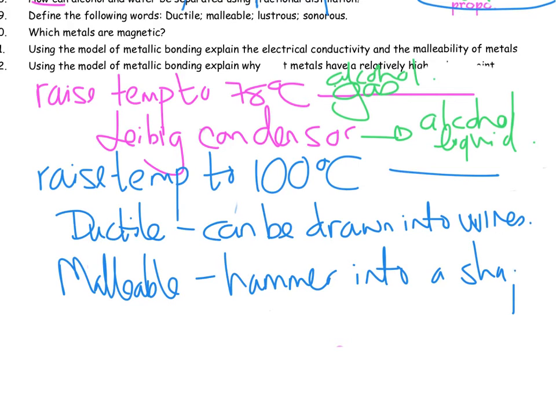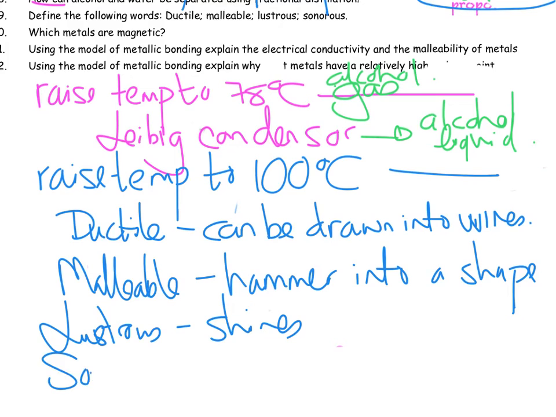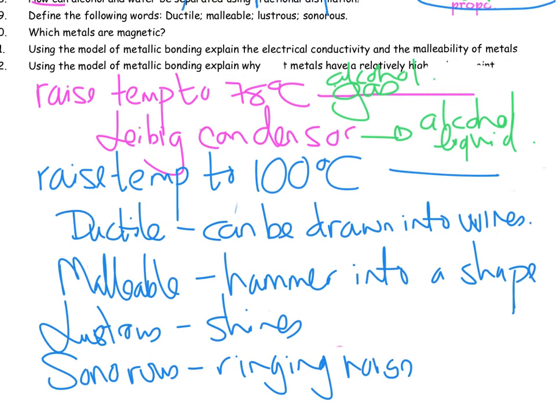Lustrous means that it shines. And sonorous means that it can make a ringing noise when hit. And those are all properties of a metal.